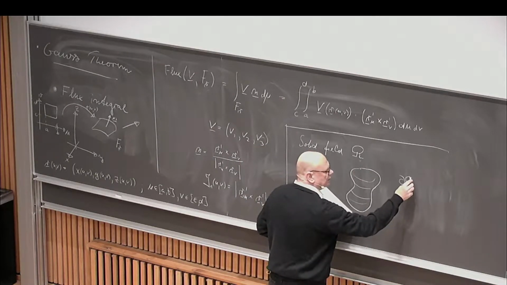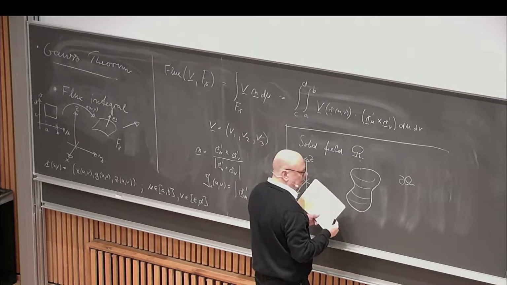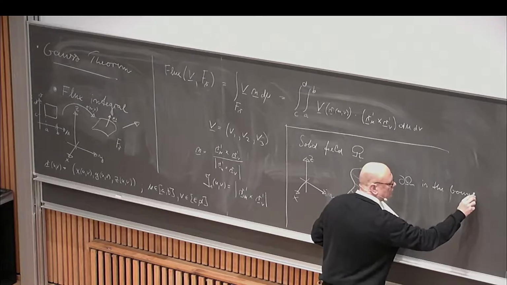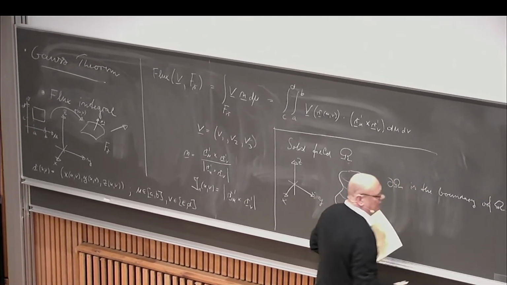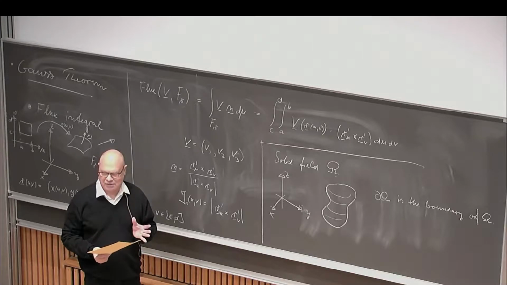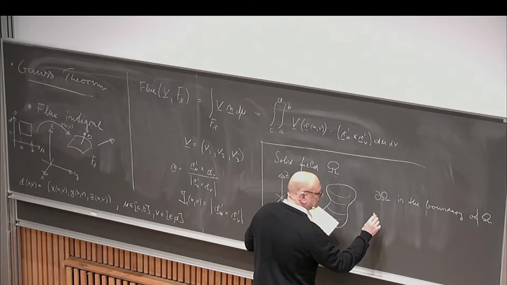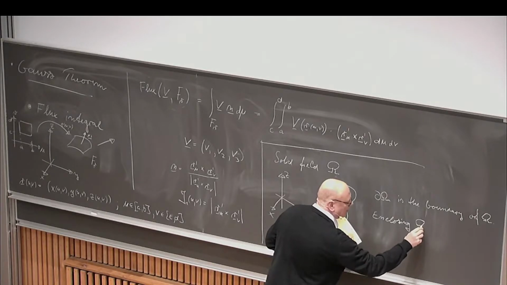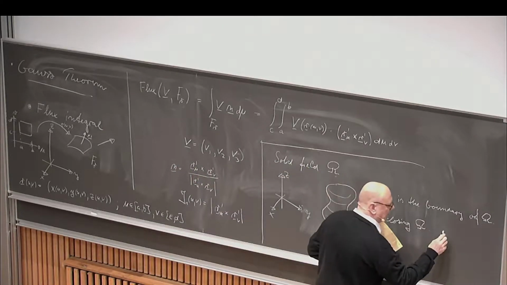You write it in this way, this special D type here, and this is the boundary of the solid field. And it's important that it is a closed boundary. That is, it is enclosing omega completely.